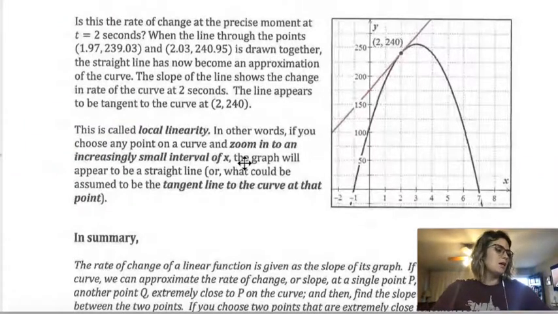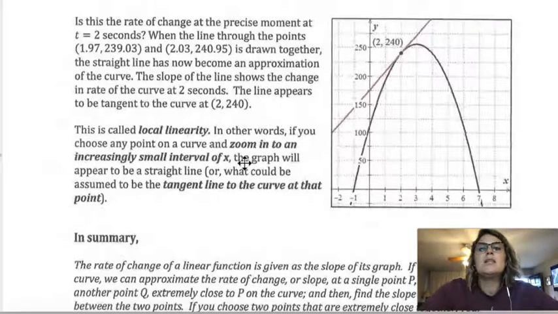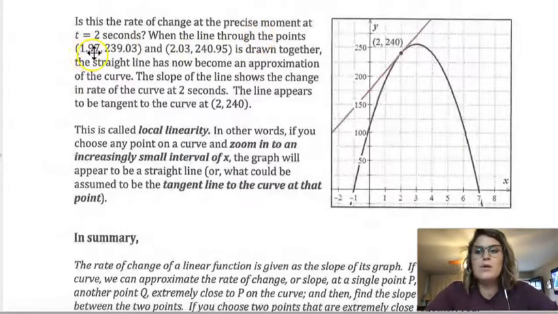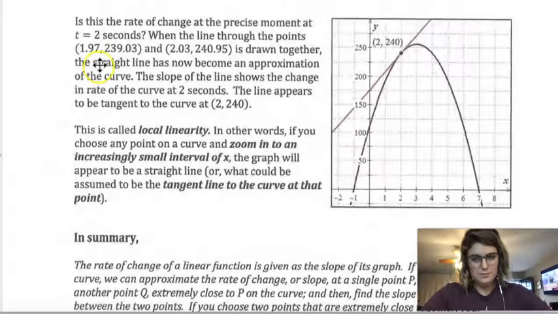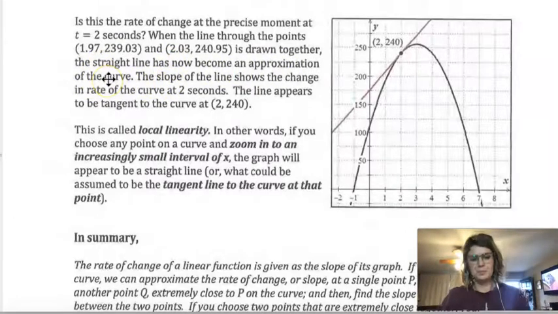Excuse me, it says, is this the rate of change at the precise moment at t equals 2 seconds? When the line through the points 1.97 and 239.03 and 2.03, 240.95 is drawn together, the straight line has now become an approximation of the curve.